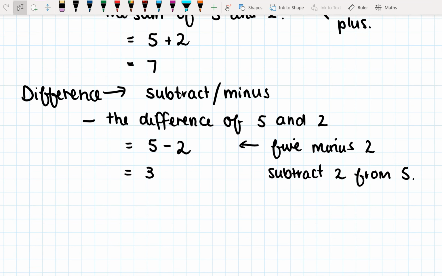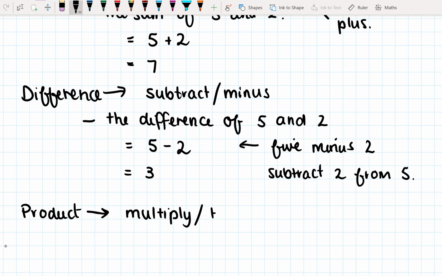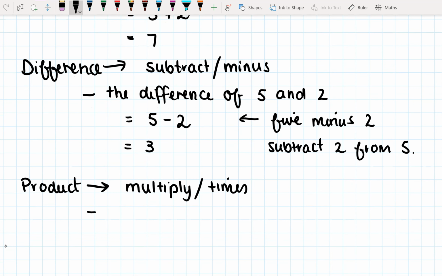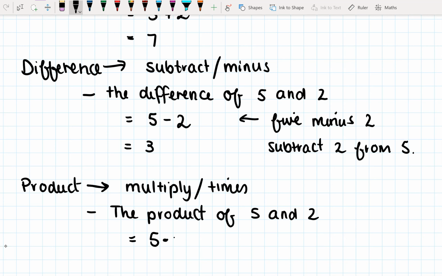And the next one is what we call the product. When we look at product, what we are talking about is multiplying. So multiply or times. We can say the product of 5 and 2, and that is equal to 5 times 2.